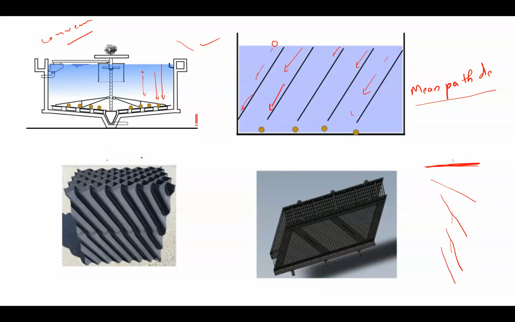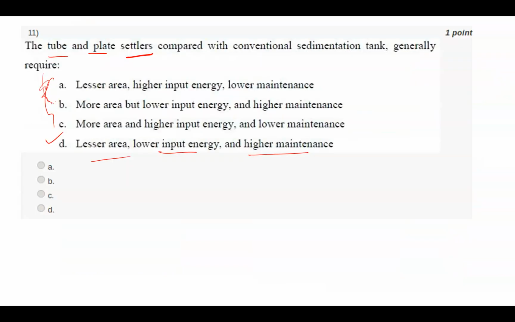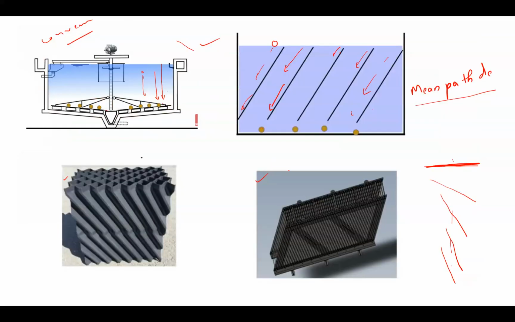So what is this? Anyone can tell what this and this are? I told you tube and plate settlers. So these two are tube and plate settlers. Which one is tube and which one is plate?